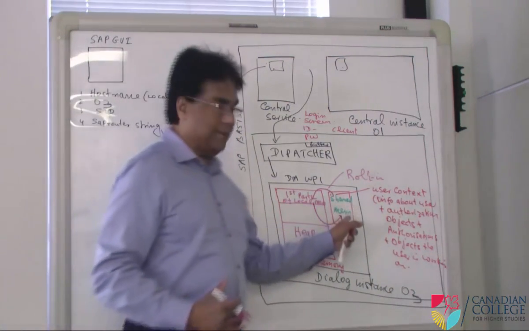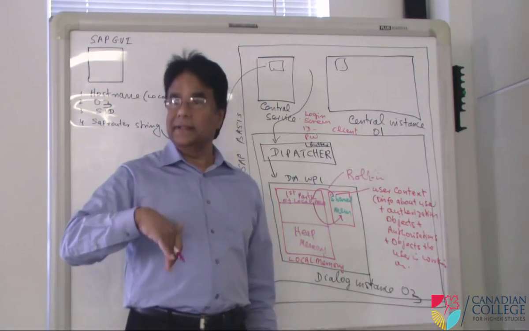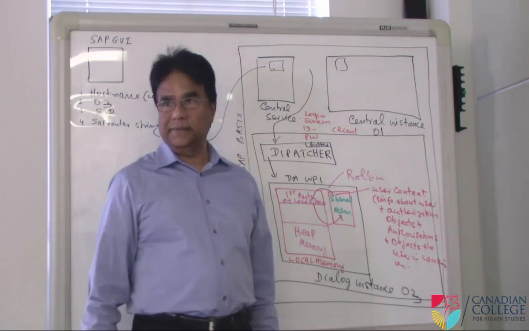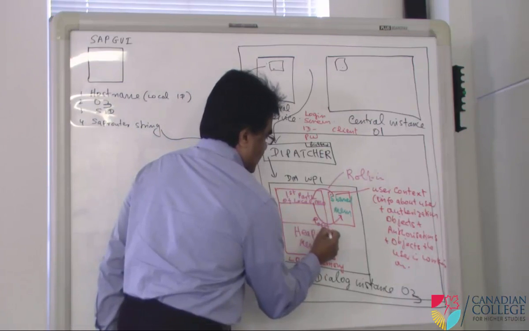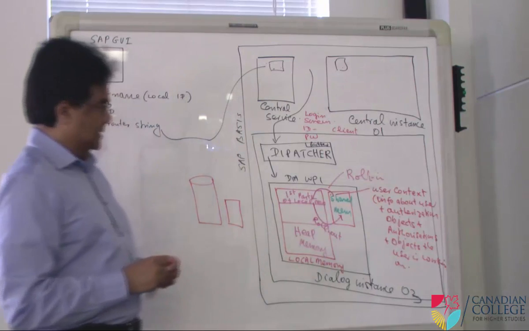So that from this shared memory it can be loaded again when this user uses another work process, right? So this is called roll out. So there is a roll in, roll out mechanism here.